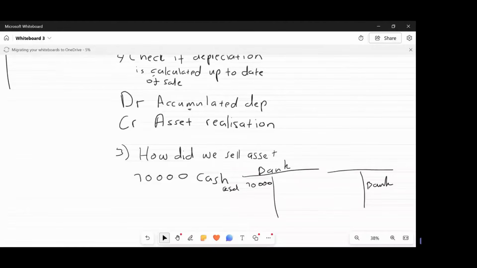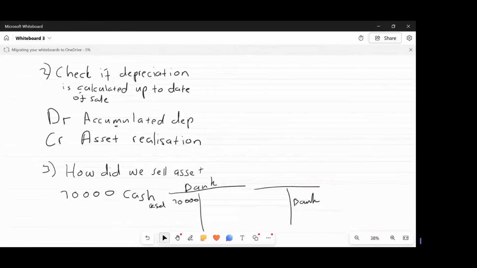And then if we did a trade-in, let's say we did a trade-in and we bought a vehicle with, for argument's sake, let me say 100,000. Once they speak of a trade-in, they'll tell you that the remaining amount is this amount. So if they give you that remaining amount, you just subtract it from the other balance, and that balance is the one that you record during the asset realization. I don't know if that makes sense. Yeah, it does.